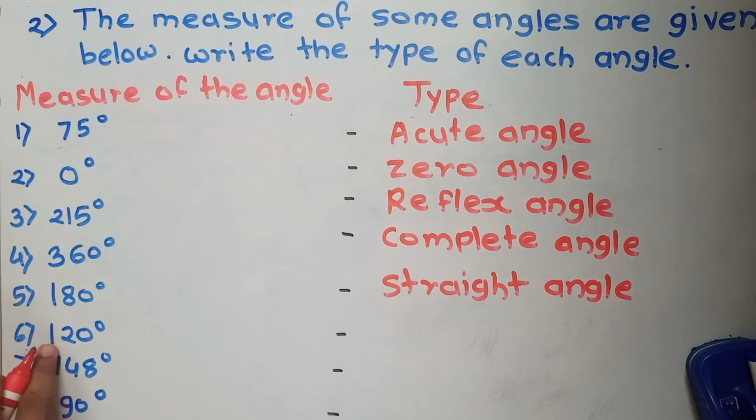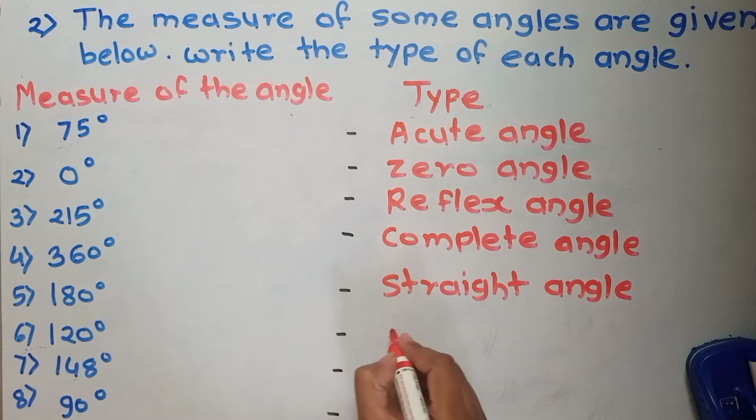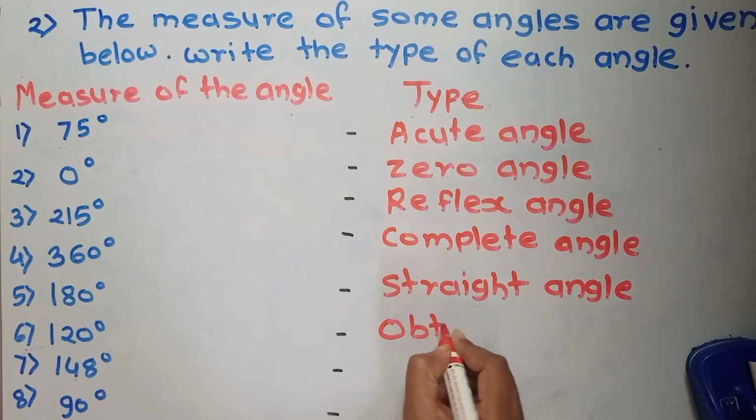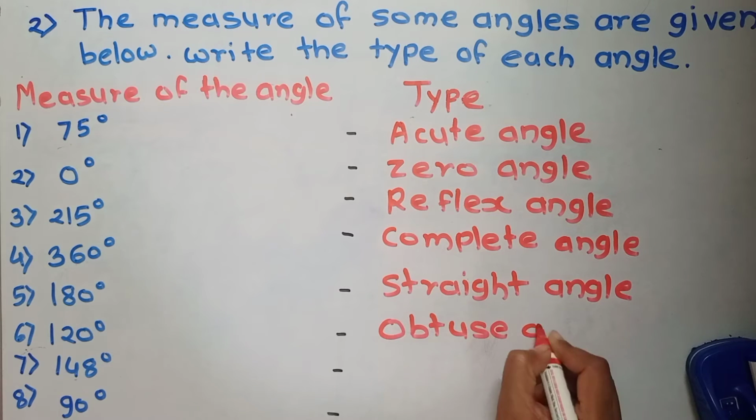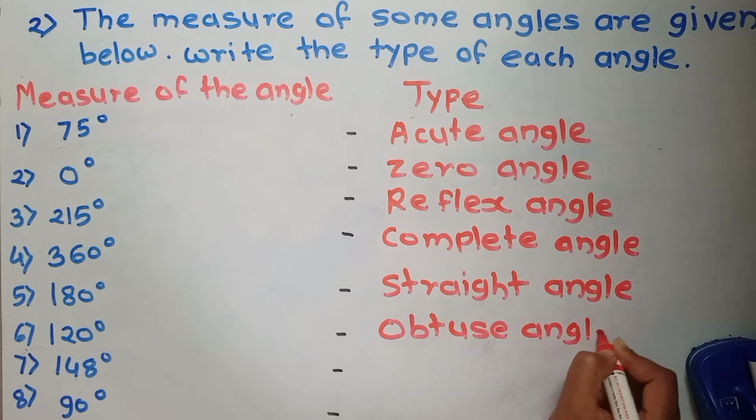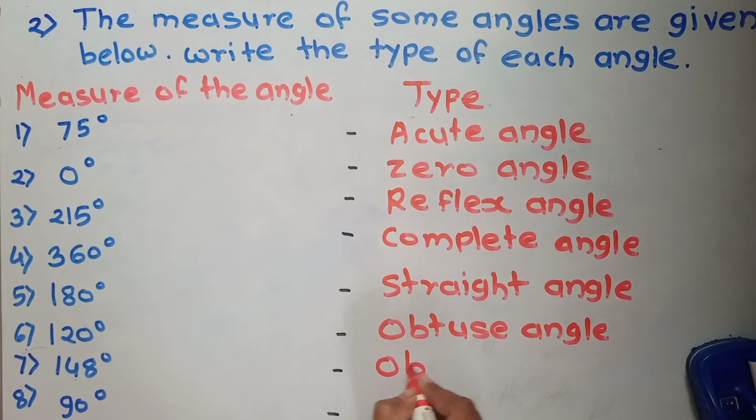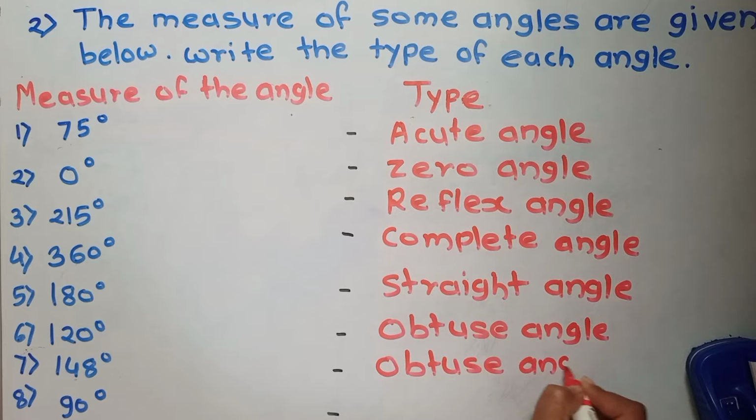Sixth is 120 degree. This is obtuse angle because it is greater than 90 degree. Seventh is 148 degree. This is also obtuse angle. Eighth is 90 degree. That is right angle.